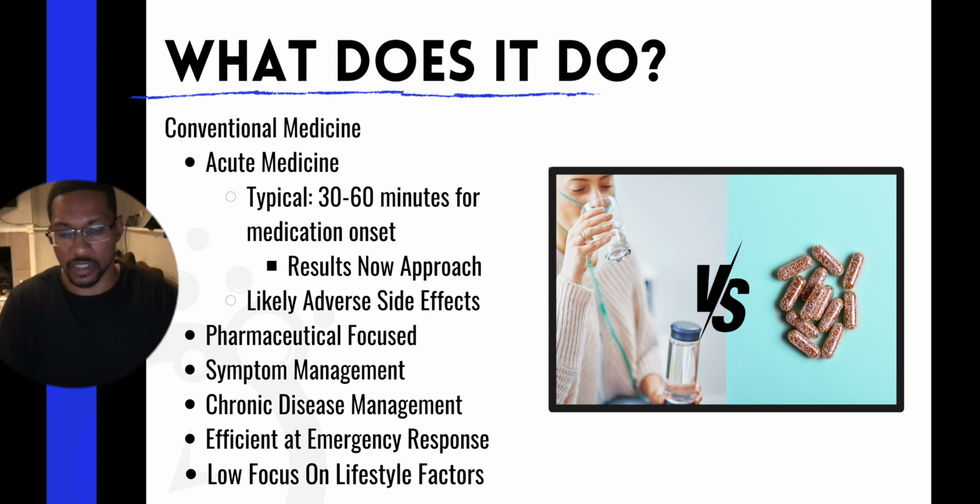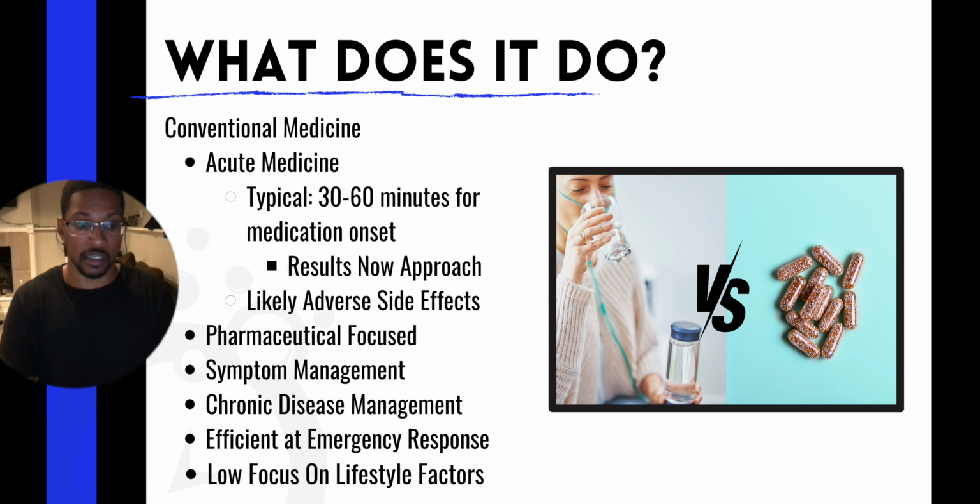And so when you take like your aspirin or your Tylenol, some pharmaceutical drug, it's going to be a relatively short time frame for the onset of that medicine to induce its effects upon you. It's basically anywhere between 30 to 60 minutes. But it's likely to have adverse side effects or many side effects. And conventional medicine is pharmaceutical focus, it's symptom management, it's chronic disease management, it's efficient at emergency response.